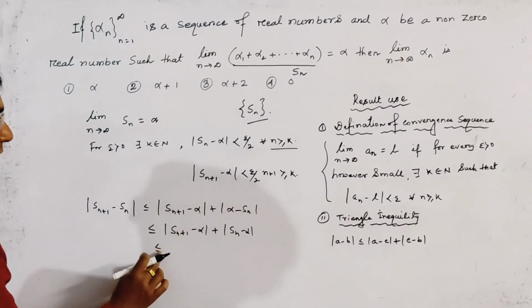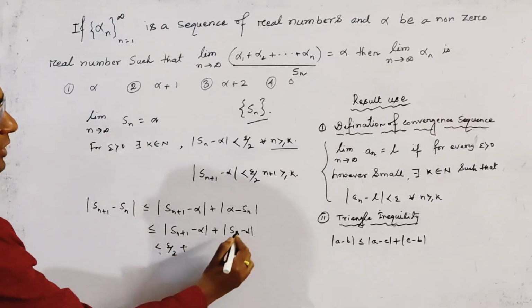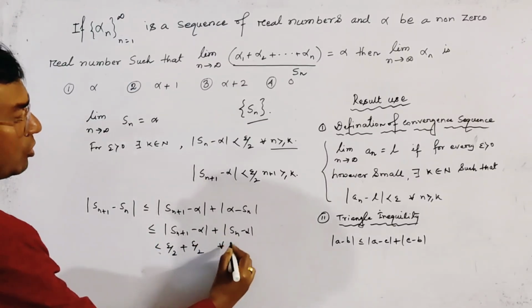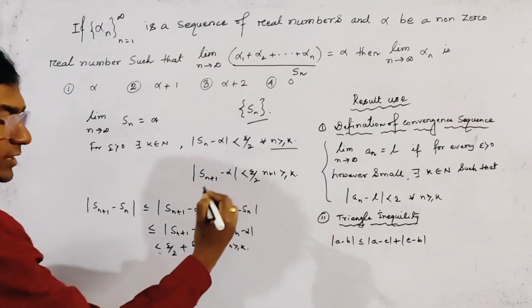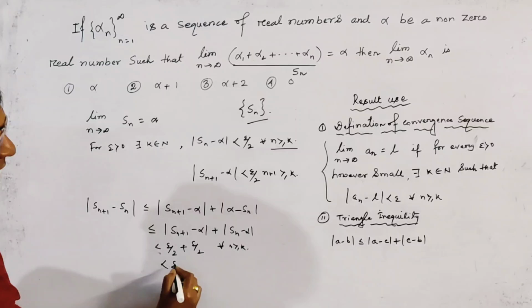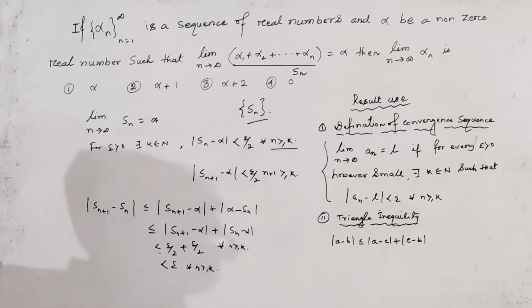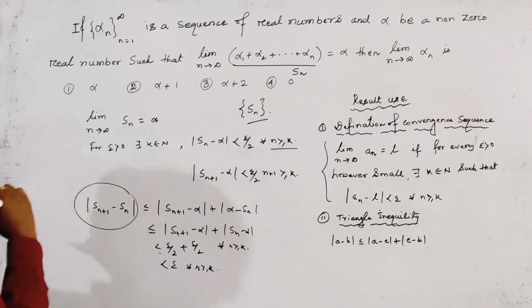We put epsilon by 2 here, and also epsilon by 2 here, for all n greater than or equal to k, right? So we get the result that this is less than epsilon for all n greater than or equal to k.